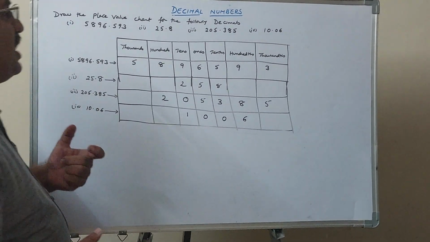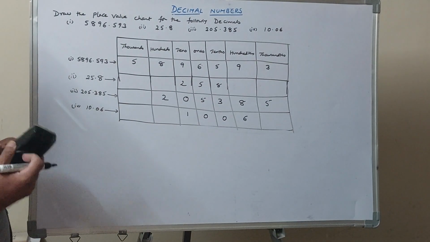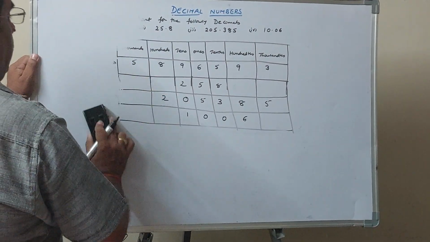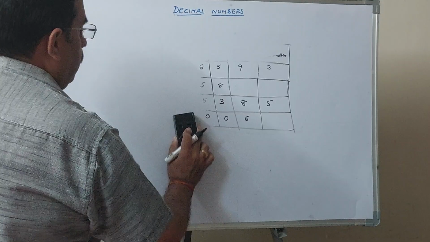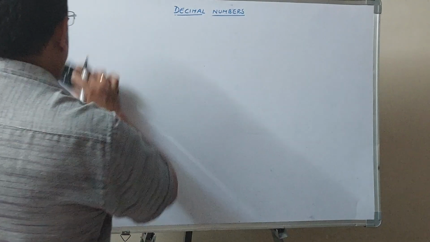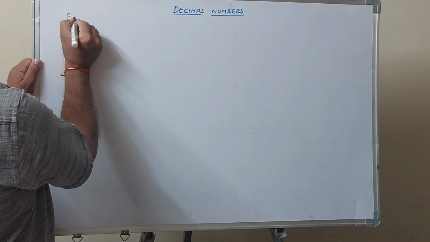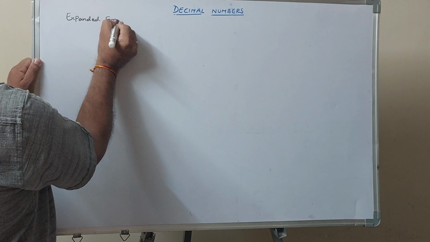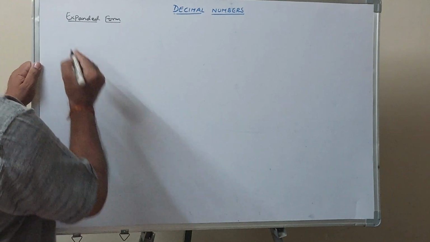Now we will see the expanded form. How to write the expanded form of decimals. Clear? Pause the video to note it down. So here you see the expanded form. How to write the expanded form of the decimal?